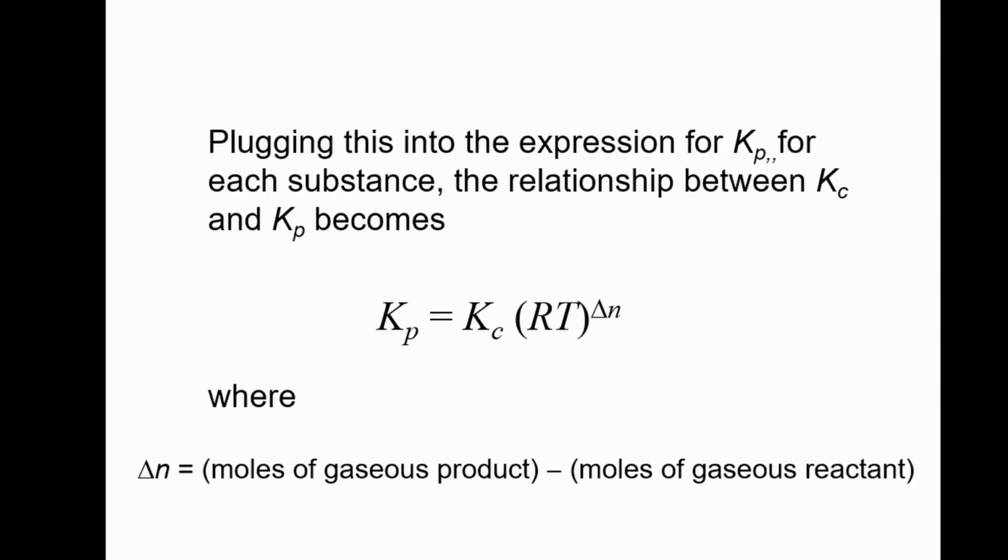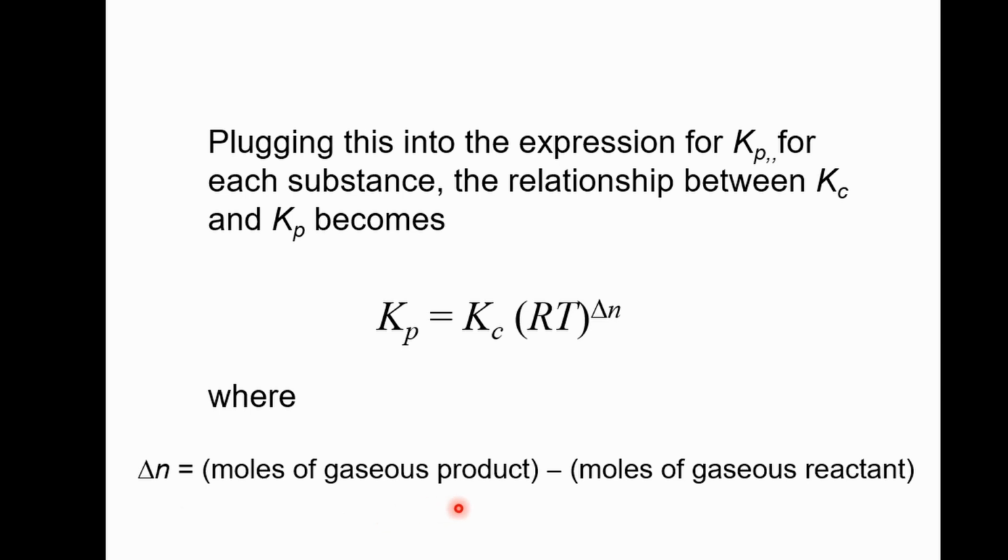And if we plug that into our expression for Kp for each substance, we get this relationship here. My equilibrium constant based on partial pressures is equal to the equilibrium constant based on concentration times RT raised to the delta n. What is the change in n? Moles of gaseous product minus moles of gaseous reactant.